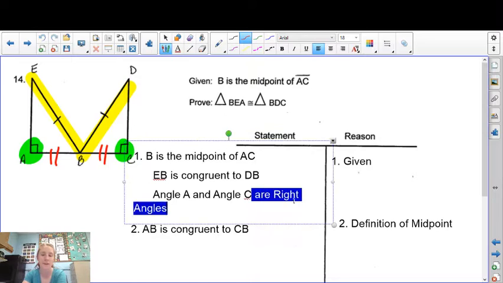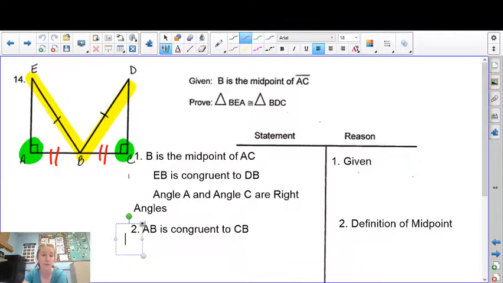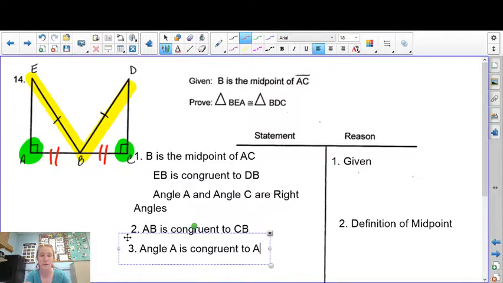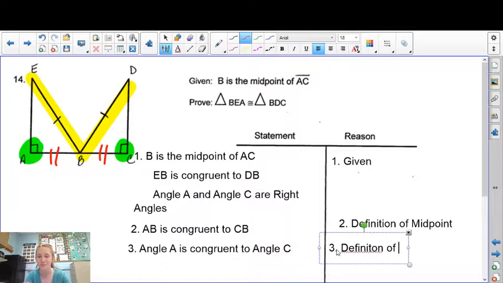And the reasoning is the definition of midpoint. Now I see that I have right angles. Because I have right angles, we know that all right angles are equal to each other, right? If one's 90 degrees, the other's 90, they have to be the same. So because of that, I can say that angle A is congruent to angle C. Why? Because they're both right angles. So definition of right angle.